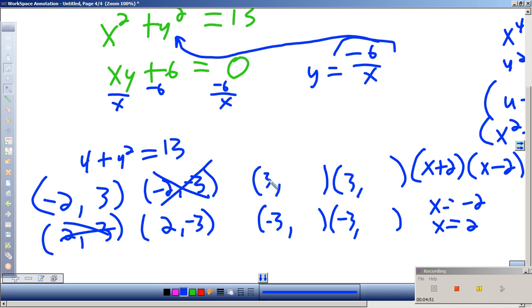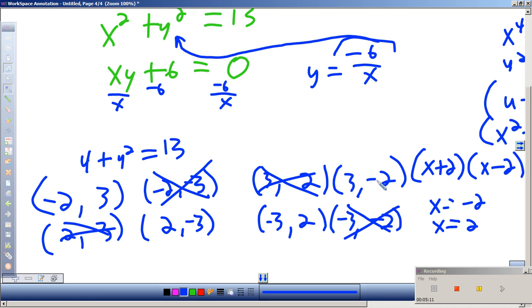So 3, if I plug in 3 here, I get 9. What are the two answers that y could be? 2 or negative 2. And down here, 2 or negative 2. Now which ones don't work? What's the second one? Double positive, double negative.